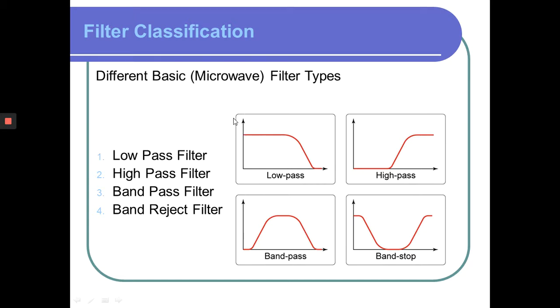This type of plot is called a Bode plot, which is frequency versus amplitude. As the frequency goes high, it shows its characteristics. To know more elaborately about these filter responses, we go to the next slide.